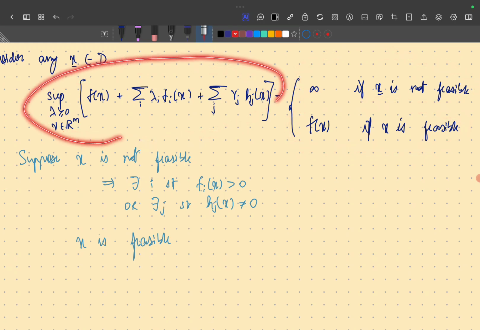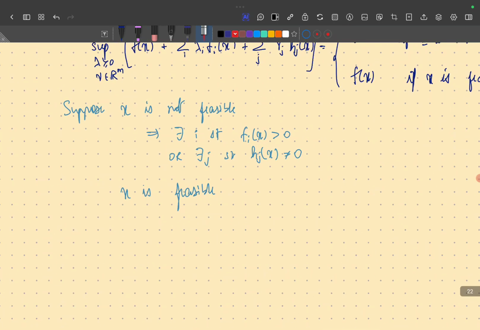So now if I look at the unconstrained minimum of this function, what do I get? What is the infimum over all x in the domain of the supremum over lambda greater than or equal to 0, nu in Rm, of L of x, lambda, nu?